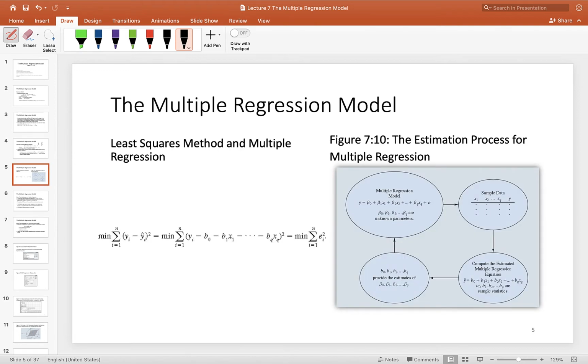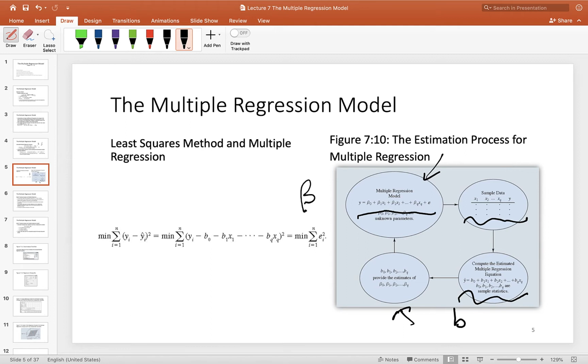We have the same graphic as before. We start over here with our original multiple regression model, with the betas and the error term. If we had population data, that would be great, but we typically don't, so we take our sample data. From our sample data, we develop coefficients. Instead of betas, we've got b's, and that leads us to our estimated multiple regression model.